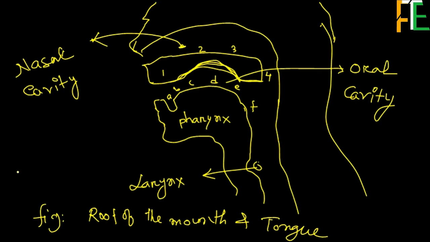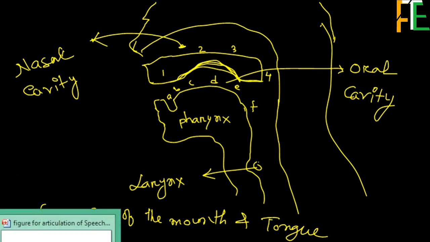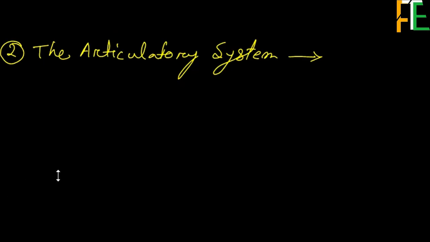In the mechanism of speech sounds, the articulatory system has a great role. Now we will see. In the articulatory system, we have the tongue. First of all, important, we have the tongue.